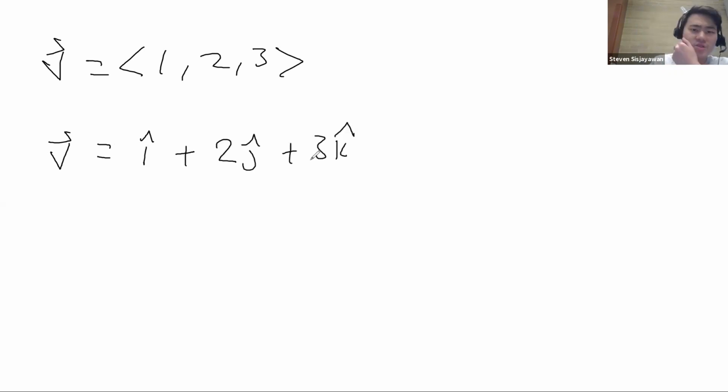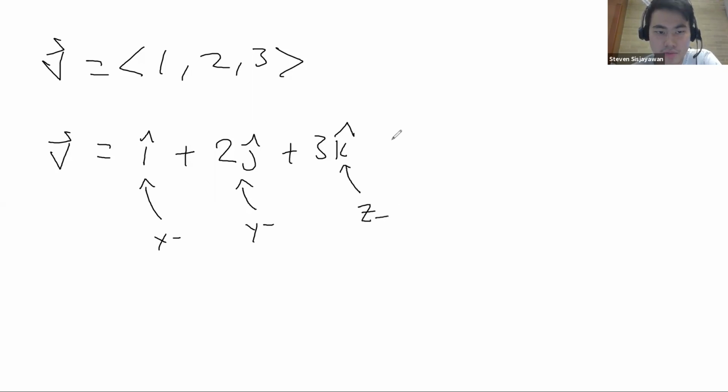If you guys have taken physics before, this might look somewhat familiar, where i represents the x component, j represents the y component, and k represents the z component of a vector. All right, and this is classified as the basis vector form of a vector. So either form of representing a vector should work.